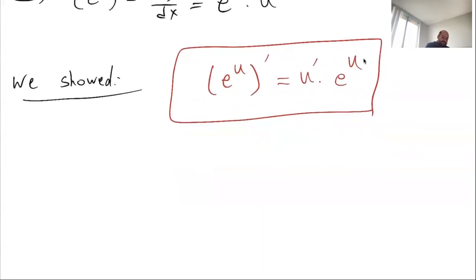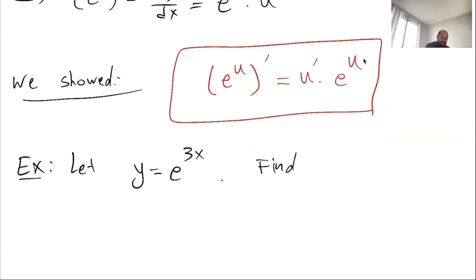So let's look at an example. Let's say y equals e to the 3x. Find dy/dx, which can also be written as y prime.